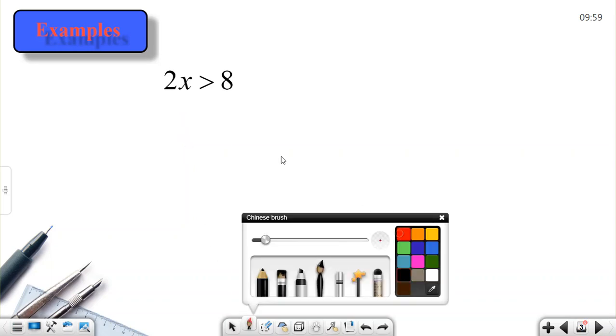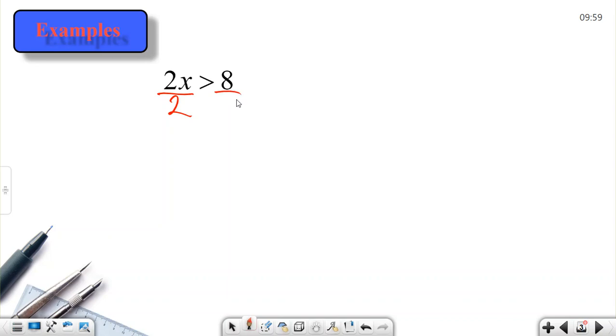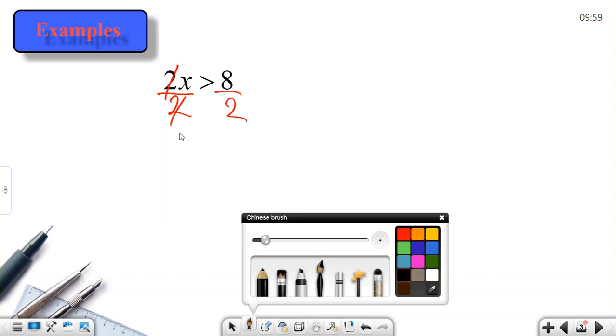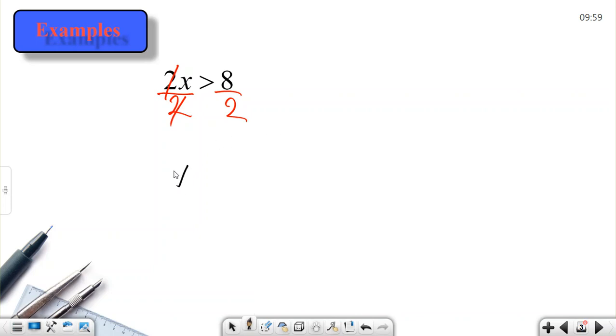I need to divide both sides by 2. 2 divided by 2 is 1. When I divide by a positive number, the inequality will not change. x is greater than 8 divided by 2, which is 4. I divided both sides by 2 and the inequality didn't change, as in the previous examples. So x must be bigger than 4.